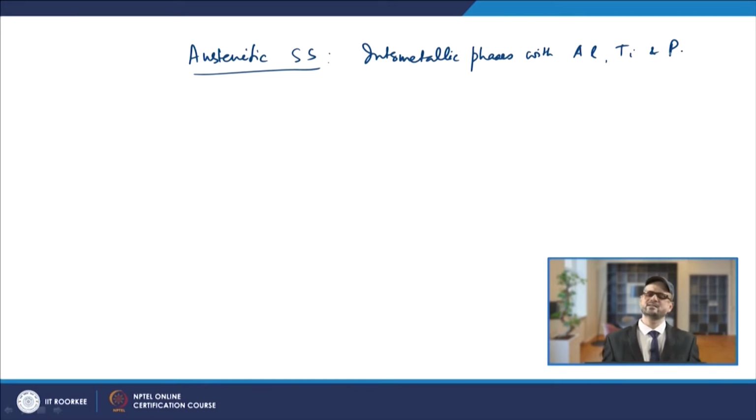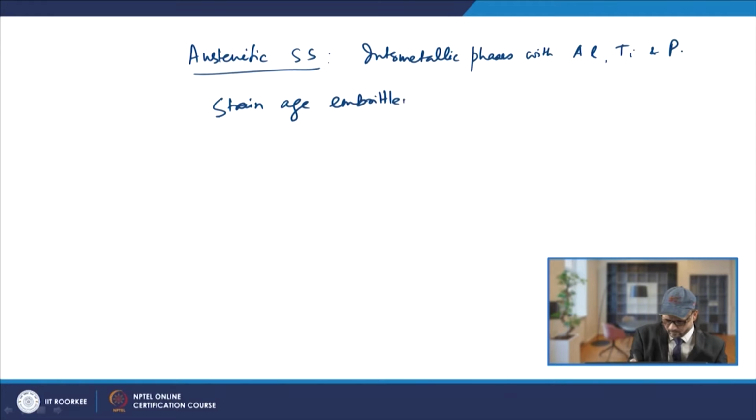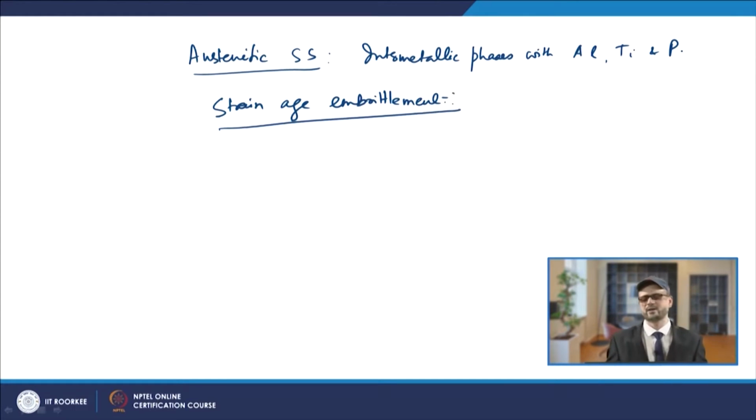Then another important property which has to be looked into is the strain age embrittlement. This strain age embrittlement can be seen as the first step towards precipitation or aging treatment.